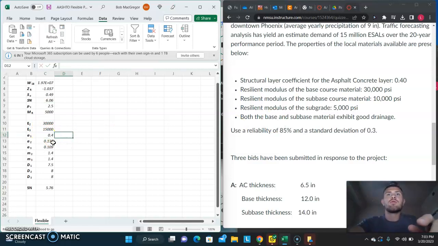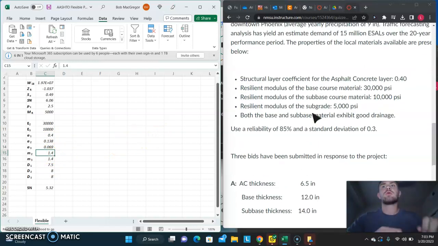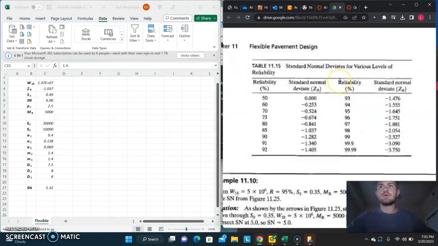So 0.40 for the structural layer coefficient. E2 is 30,000. E3 is 10,000. M2 is the drainage. So good drainage.